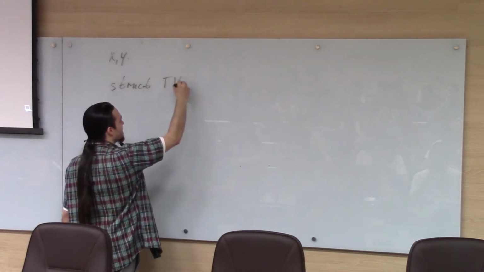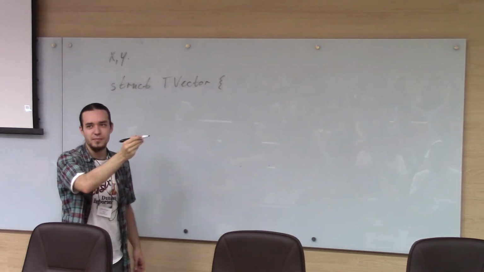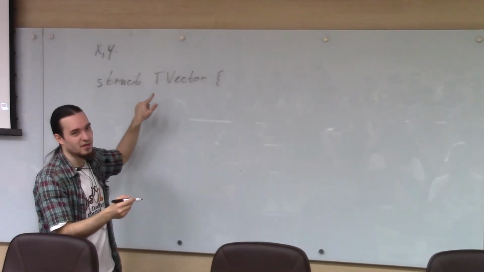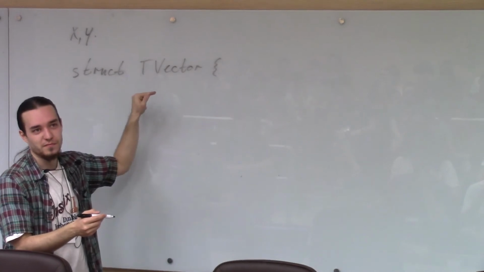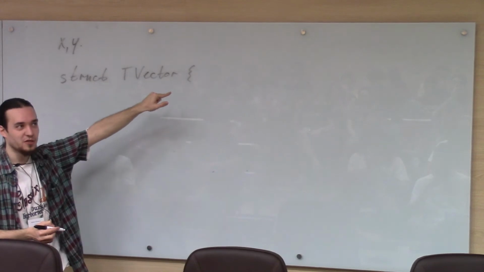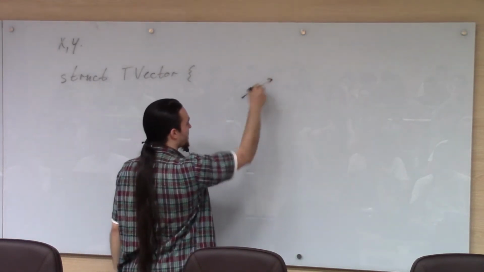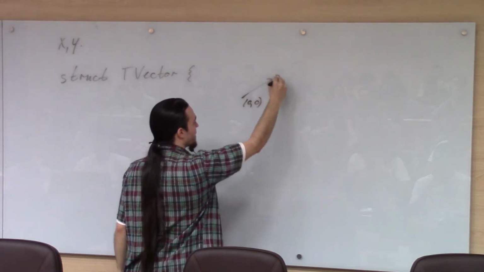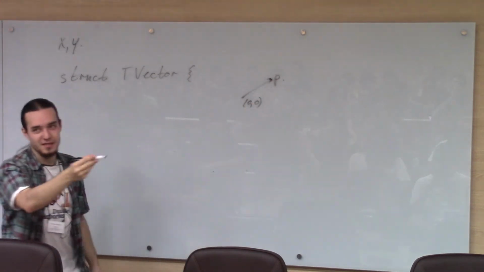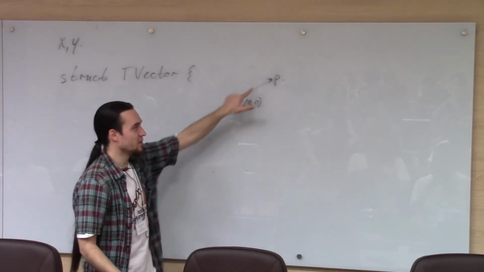My naming will be like this: the capital T is for type, a naming scheme to differentiate the names of types and classes from actual variables. I call this vector because to each point we can associate a so-called radius vector, which is the vector from the origin to our actual point. So a point and a vector are different objects, but nevertheless, instead of dealing with the point, we will think about this vector.